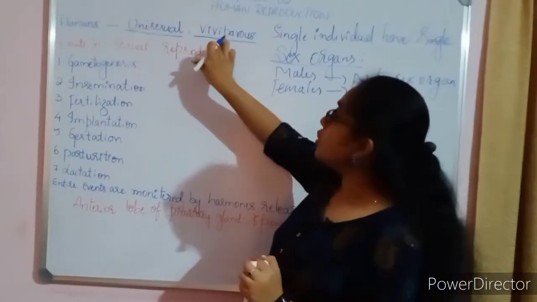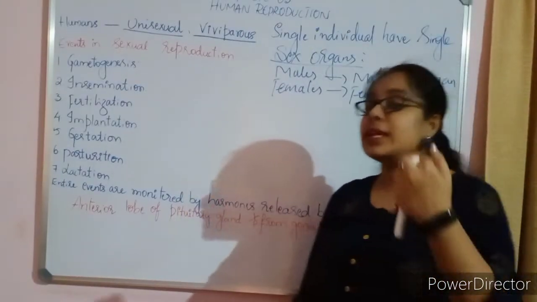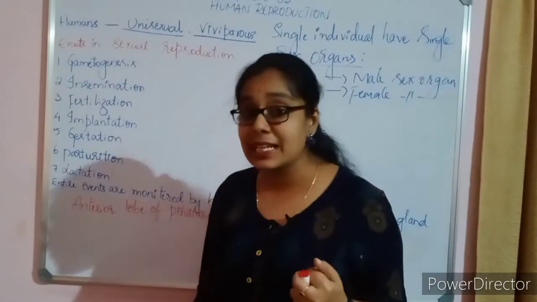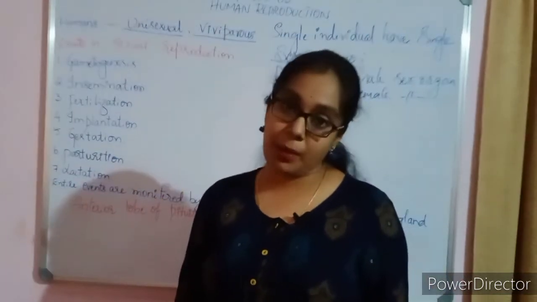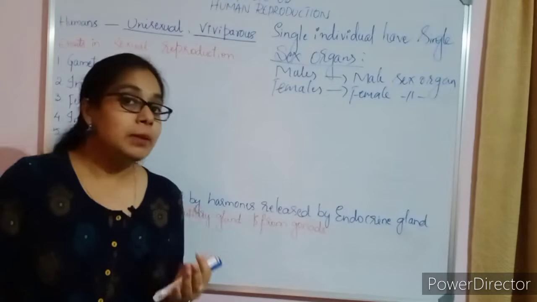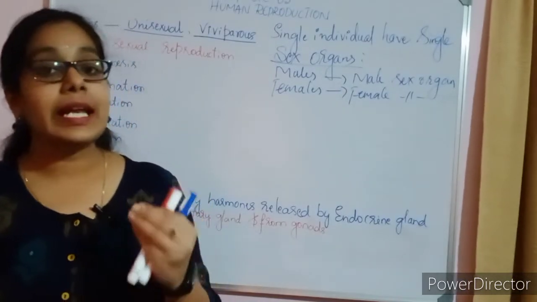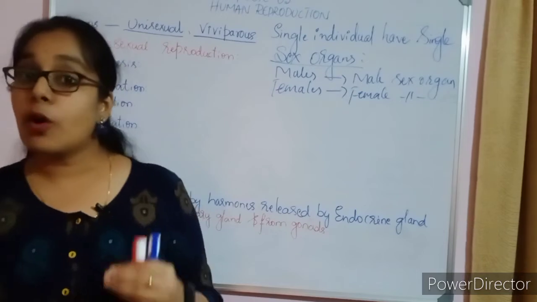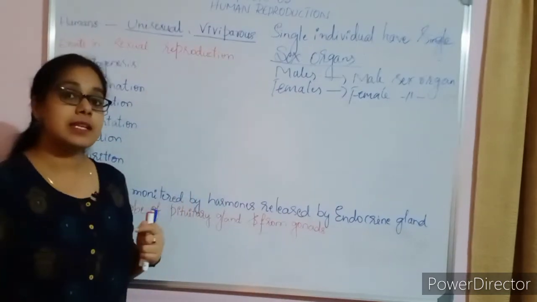Got it? Coming to viviparous. So what does it mean? Hopefully in the first PU you might have studied oviparous, viviparous and ovoviviparous. Correct? Oviparous means the organisms which lay eggs are called oviparous organisms. What about viviparous then?